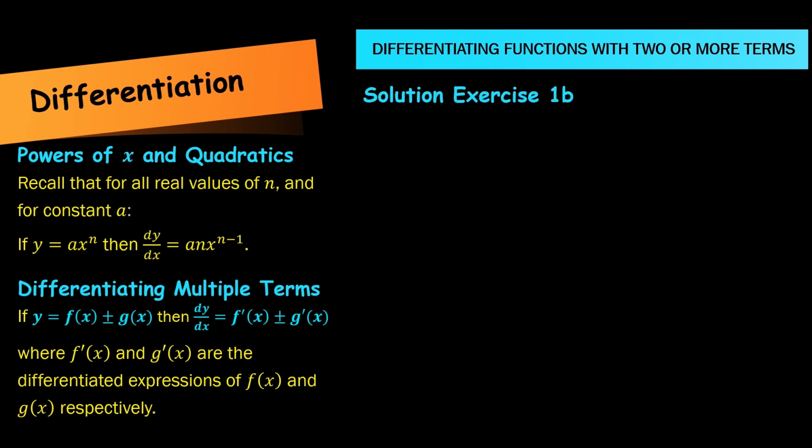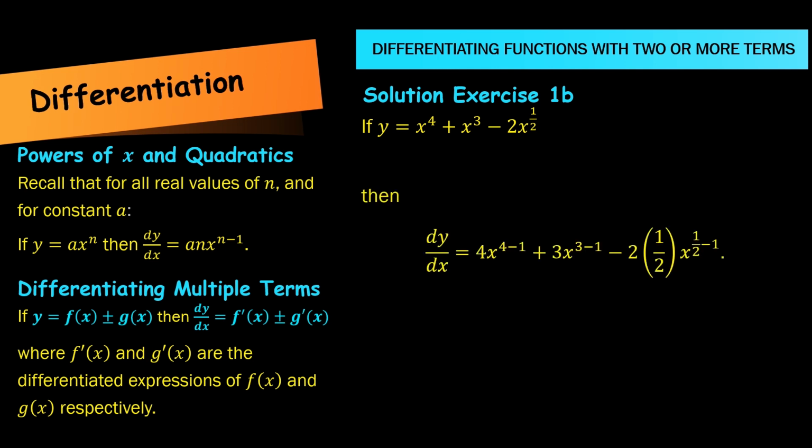Now let's solve example 1b. We are required to differentiate the expression shown on your screen. So if y equals x to the 4 plus x cubed minus 2x to the power a half, then we have dy dx equals the expression that you can see now. So let's break this down term by term.